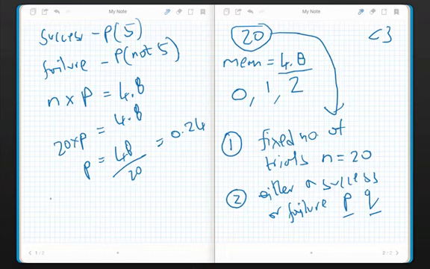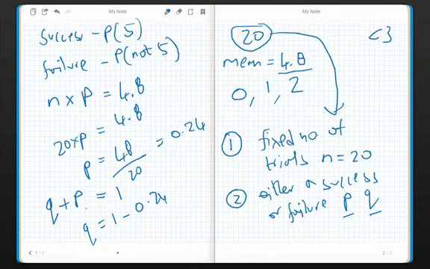And we know that the probability of failure Q plus the probability of success P, since there are only two choices, is equal to 1. So Q is 1 minus 0.24, or 1 minus P, which is equal to 0.76.